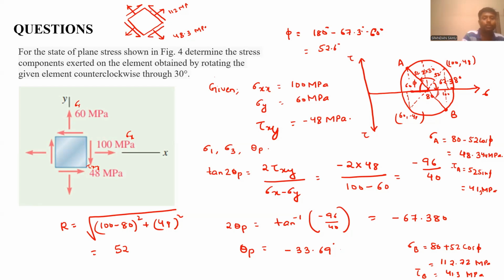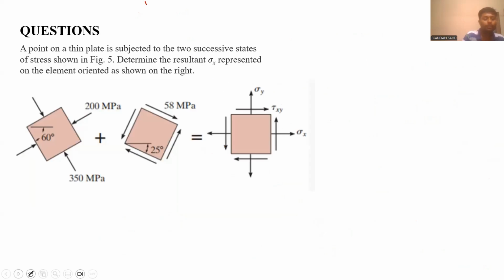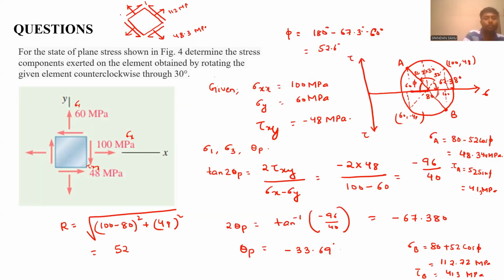So we can show it here as 41.3 MPa. So this is the overall stress state when this element is rotated by 30 degree in the original or physical space.